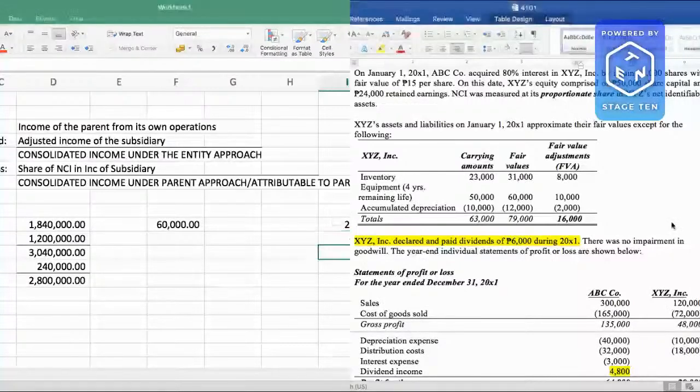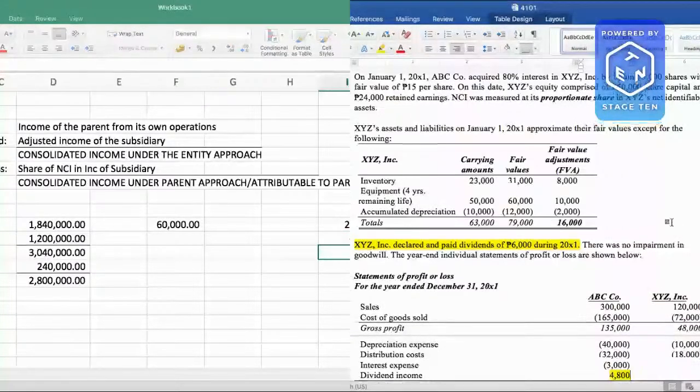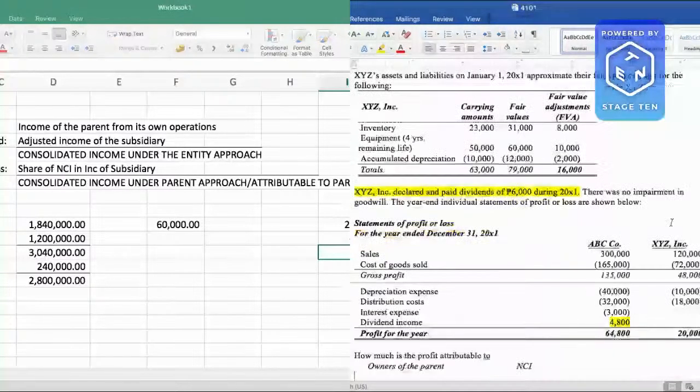Okay, but what else? The inventory. Okay, focus now on the cost of goods sold, class.